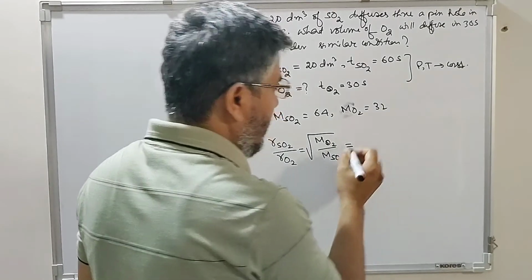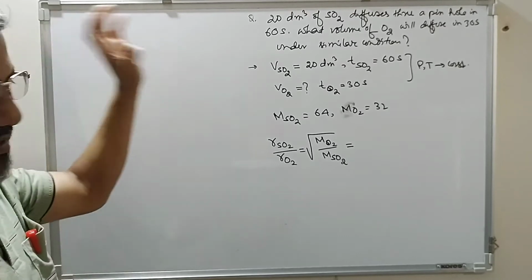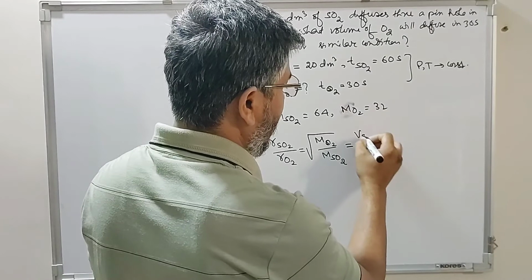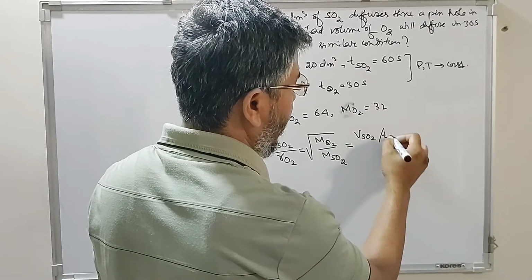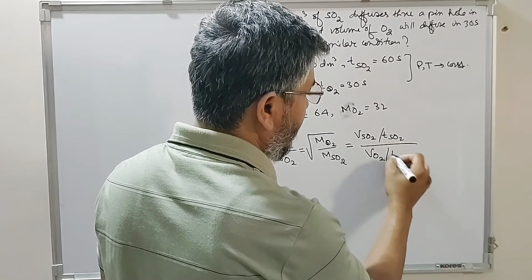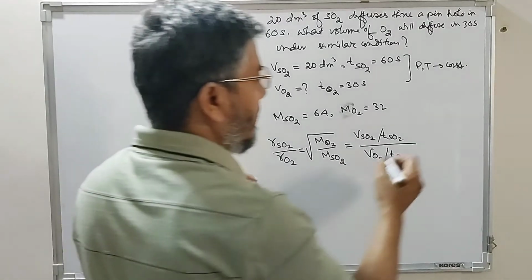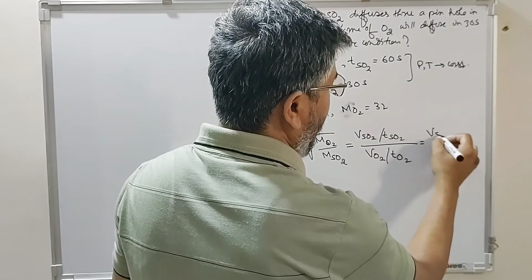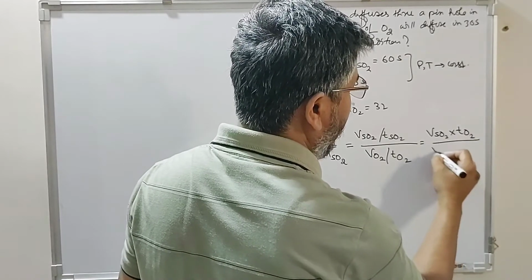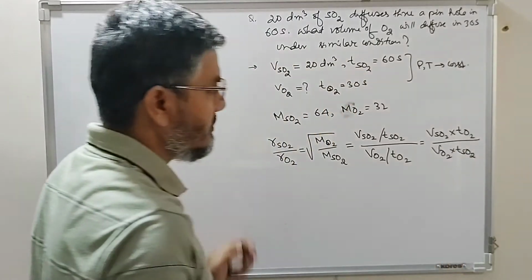Now, from the definition of rate of effusion or diffusion in terms of volume per unit time, we define this as volume of sulfur dioxide divided by time of sulfur dioxide, divided by volume of oxygen divided by time of oxygen. So this is the rate in terms of volume per unit time. This is volume of SO2 into time of oxygen divided by volume of oxygen into time of sulfur dioxide.